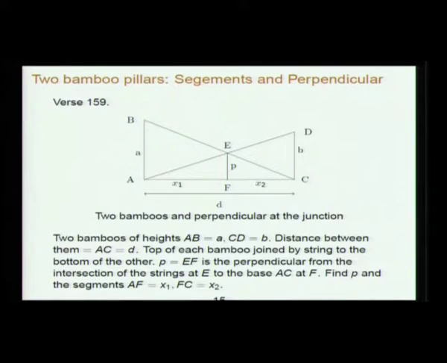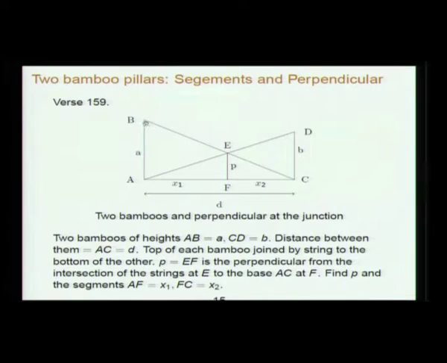Then he discusses some segments and perpendiculars, which are also considered important. Suppose you have two bamboos, AB and CD, and the heights are AB equal to a and CD equal to b. Suppose the distance between them is d, AC is d.